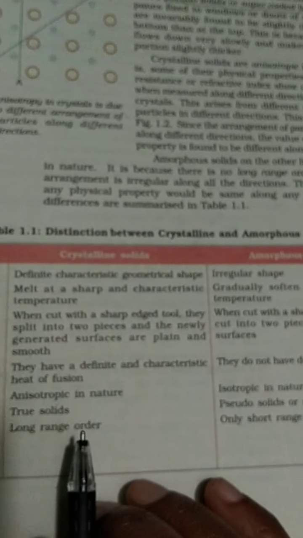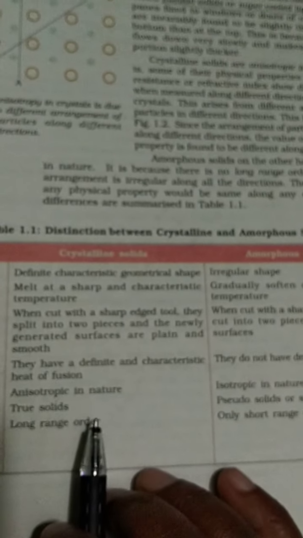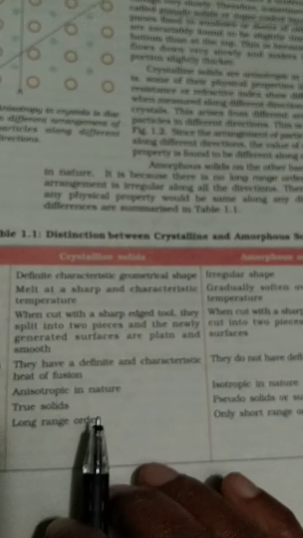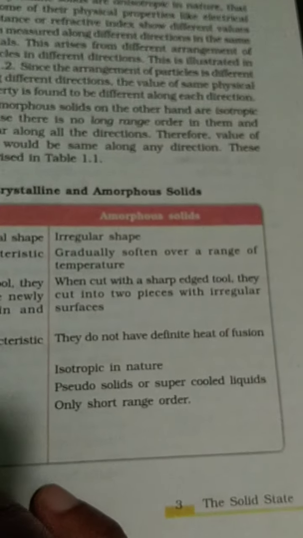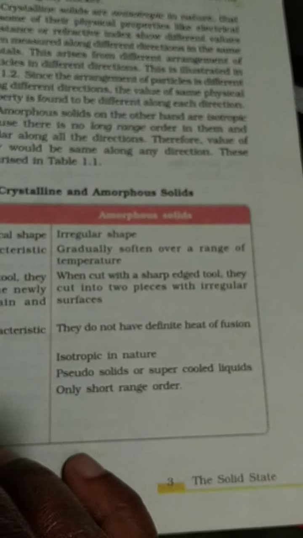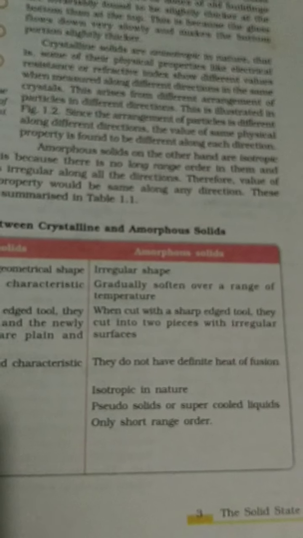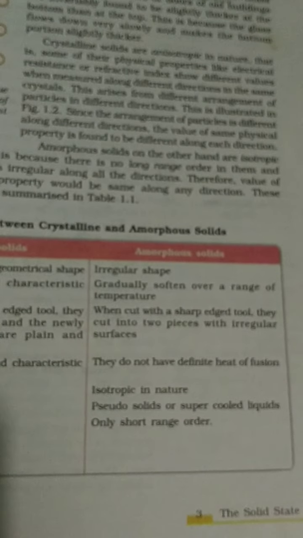Moreover, crystalline solids are anisotropic in nature and are also known as true solids, while the amorphous solids, isotropic in nature, are termed pseudo-solids or supercooled liquids.